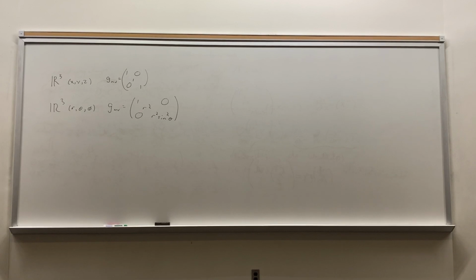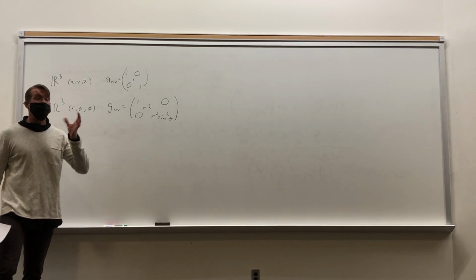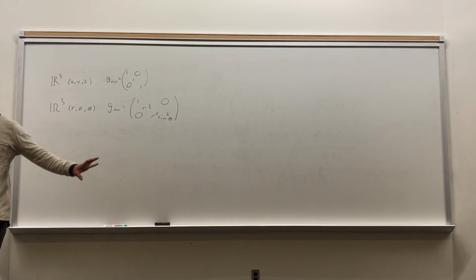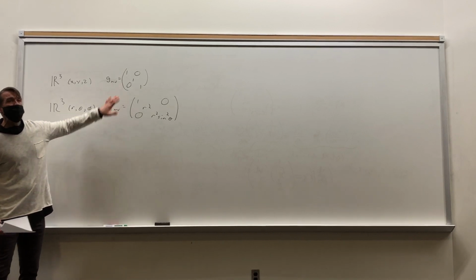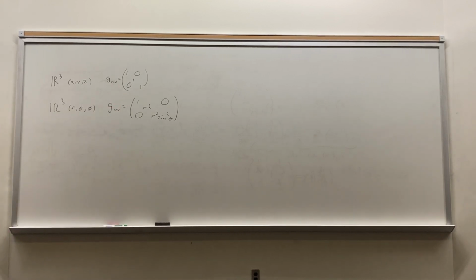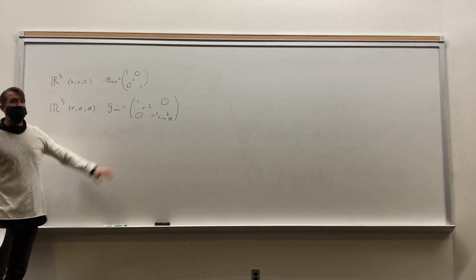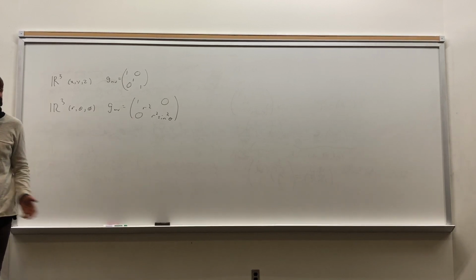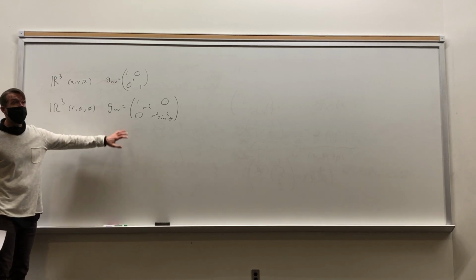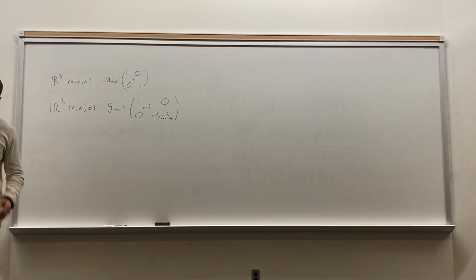So in general, we should expect the metric to be a function of where you are, not this good old identity constant thing that we've been experiencing from special relativity. What's interesting is we could have used this metric in special relativity, because special relativity is just a theory of flat space. So we could have used this and it would have screwed things up, okay, but it would have been valid.